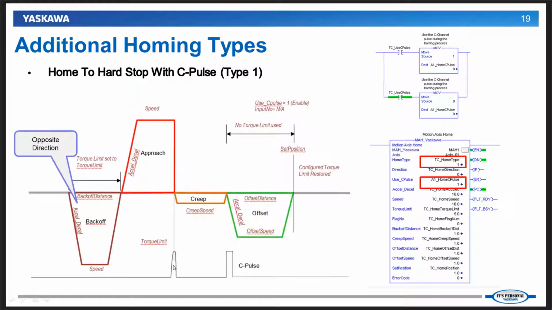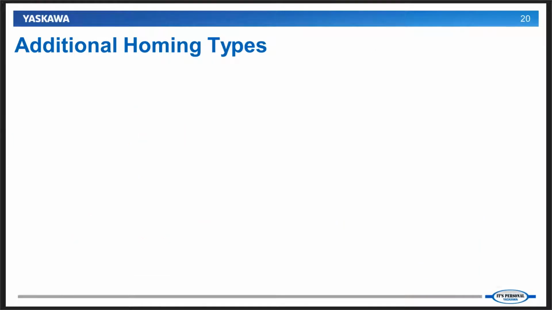Once the hard stop has been reached, once the torque limit has been reached, it will start to creep towards the C-pulse in the opposite direction. Once the C-pulse has been reached, it will make an offset move in the same direction, and you will get a process complete status once the homing sequence is complete. So that is how this home sequence works.